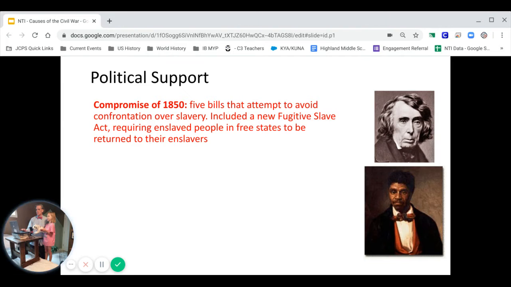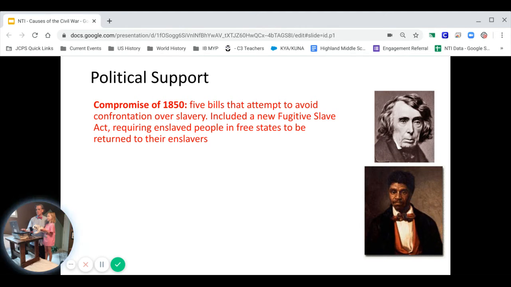One of the bills is California becomes a state, but the main part that we want to look at is now there's a new Fugitive Slave Act, and this requires that not only can the people who've enslaved others come to free states to recapture, but the people who are in a free state, it is their responsibility now to turn these people back over to their enslavers.